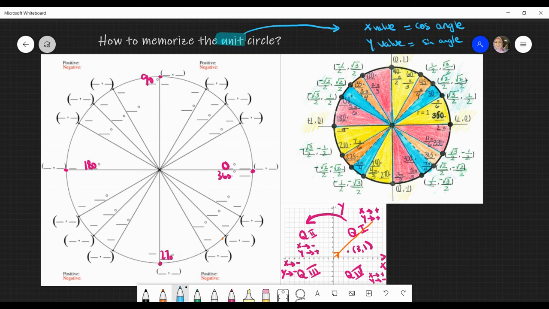So I go back to the XY coordinate. This point right here, if I'm saying the radius of the circle is 1, then the X value is 1 and the Y value is 0 because it's on the X axis. On the other end of the spectrum, this is a -1 X value and a 0 Y value. This point right here, also, this is a radius.